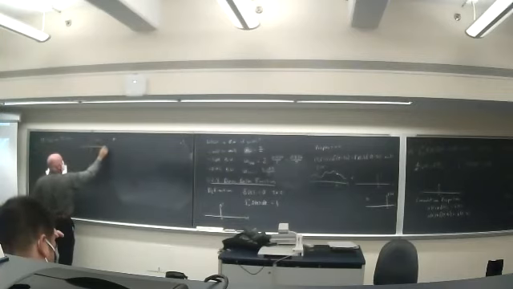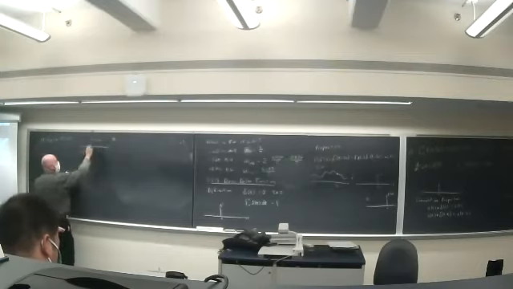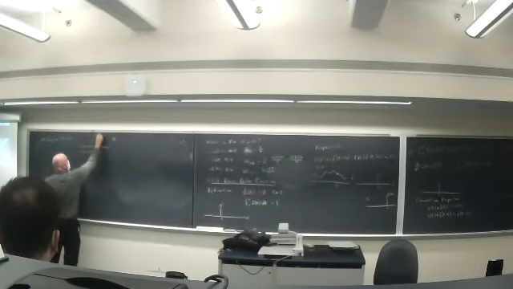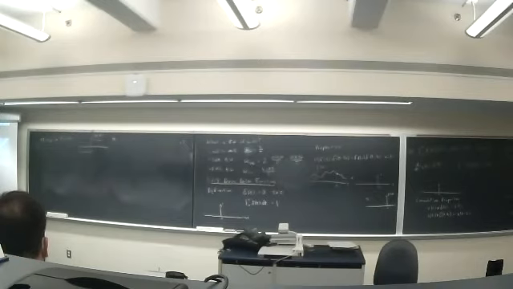It's equal to 1 for t greater than 0. It's equal to minus 1 for t less than 0. And we use that notation, sgn of t. It's simply equal to 1 if t is positive, and equal to minus 1 if t is negative.